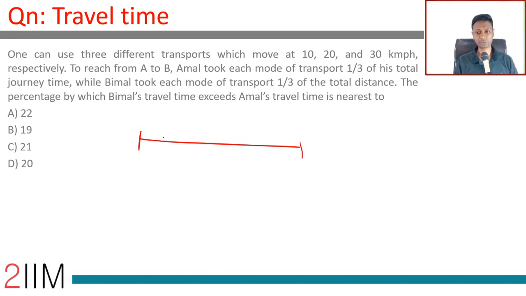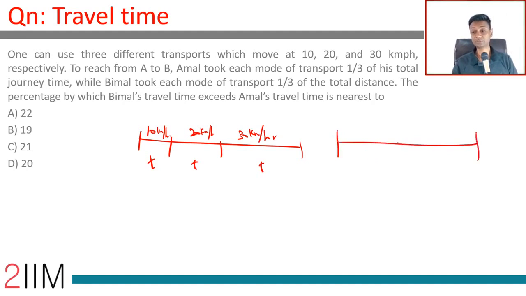So 10 kilometers per hour, 20 kilometers per hour, 30 kilometers per hour, time T, time T, time T. While Bimal took each mode of transport for 1/3 of the total distance: 1/3 of D, 1/3 of D, 1/3 of D. If you travel at time T at 3 different speeds, the distances would be in the ratio 1:2:3.